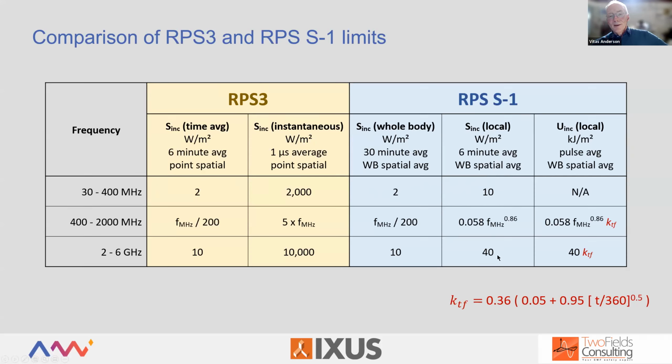And so that means that it's less stringent. And it also has this requirement for a whole body spatial averaging over these frequency ranges, except in the reactive near field. So this one, I'm not sure how it's going to affect things, because, as I said, the local limit is less stringent.